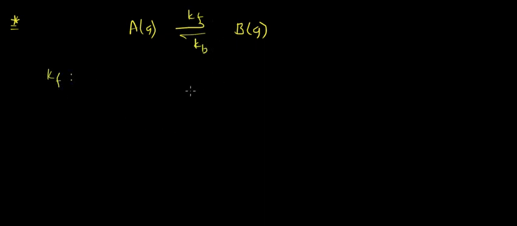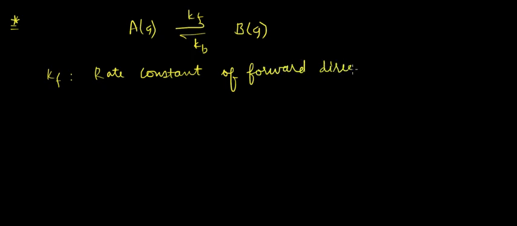So kf is the rate constant of forward direction, and kb is the rate constant of backward direction.